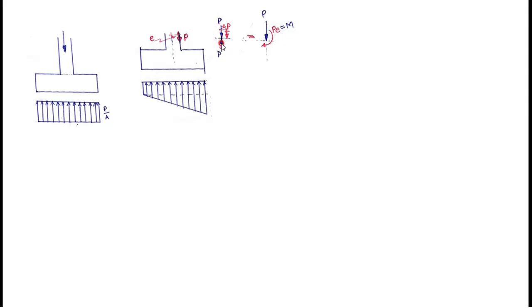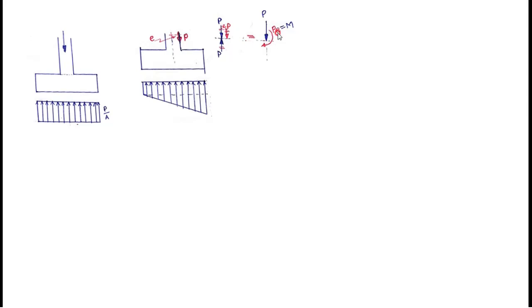Structurally they don't cause any stresses on the foundation, but for analysis purpose I can consider this force P and this force P together and create a moment. These are equal and opposite forces acting with a distance apart, therefore they cause one moment. That moment will be P into the distance between them, P into e.